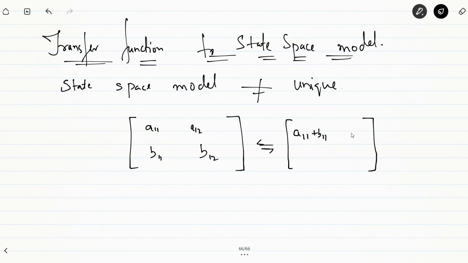We can do this kind of transformation to matrices where we add row number 2 to row number 1, or add column number 2 to column number 1, or add column number 1 to column number 2, or we can do simple scalar multiplication, scalar divisions.